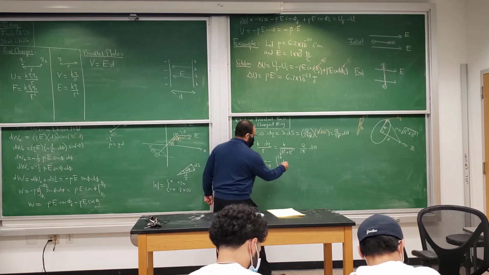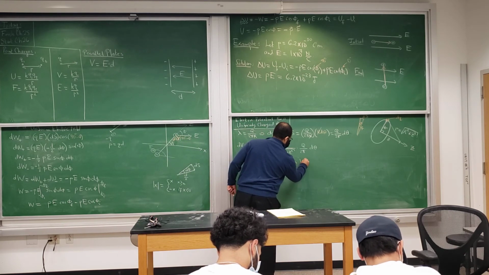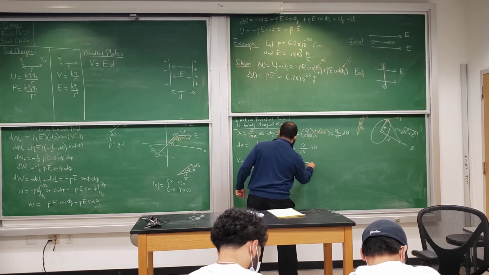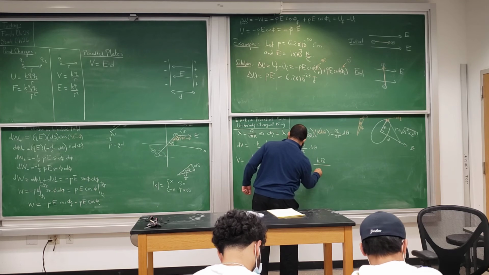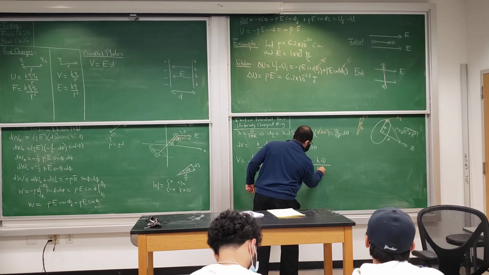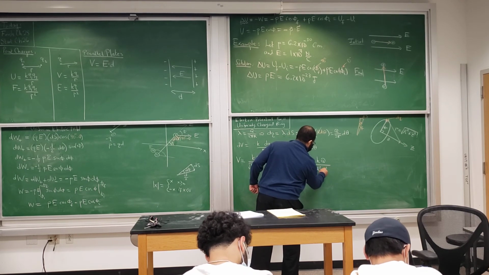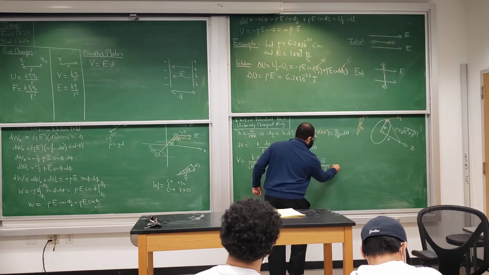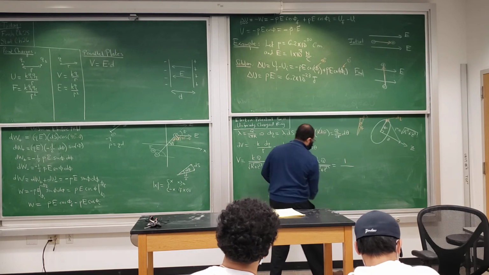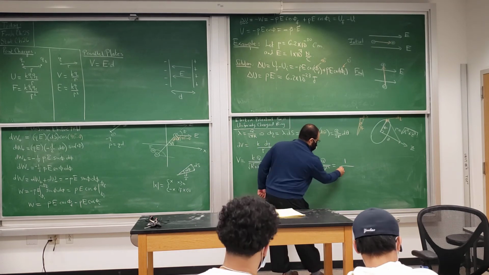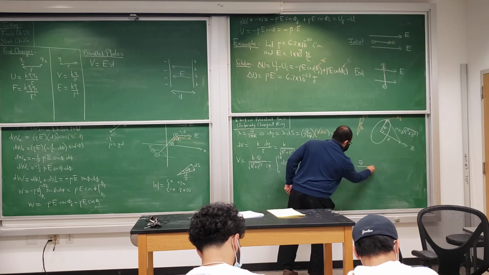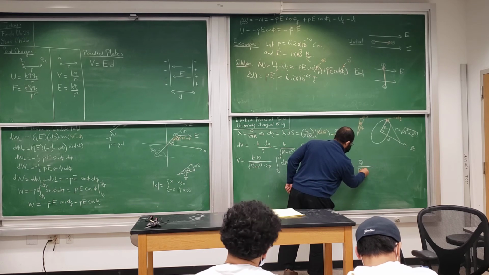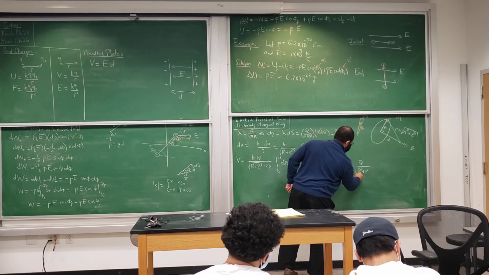And you get the potential, V for a ring, would be K Q over the square root of R squared plus Z squared. And if you like, you can write K as 1 over 4 pi epsilon naught, so you get 1 over 4 pi epsilon naught Q over the square root of R squared plus Z squared.